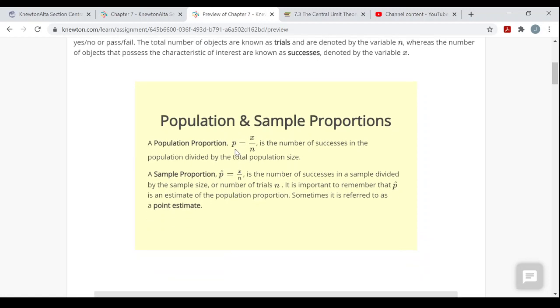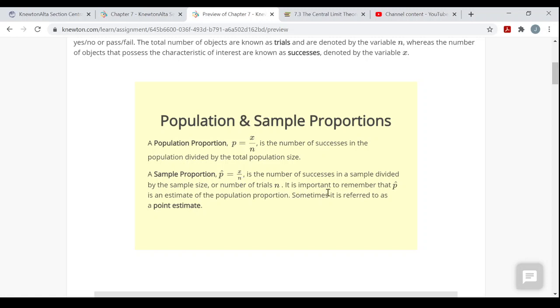A sample proportion will be represented by this p with a caret over it, or sometimes called p hat. And it's the same calculation though. It's the number of successes in the sample divided by the size of the sample, x over n.